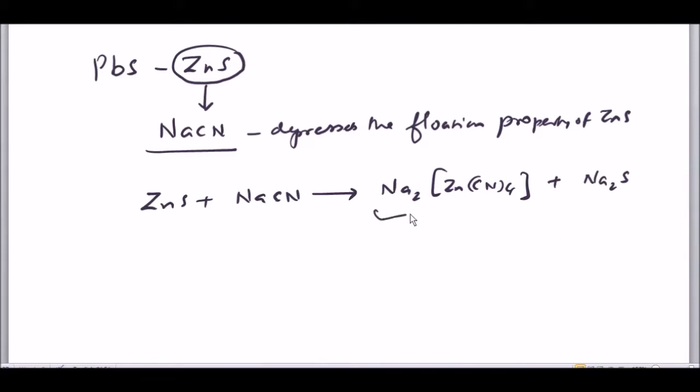So this is the complex compound responsible for depressing the flotation property of ZnS, so that we can separate ZnS from our ore called galena. So this is also happening in the froth flotation process, and followed by leaching, the next one.